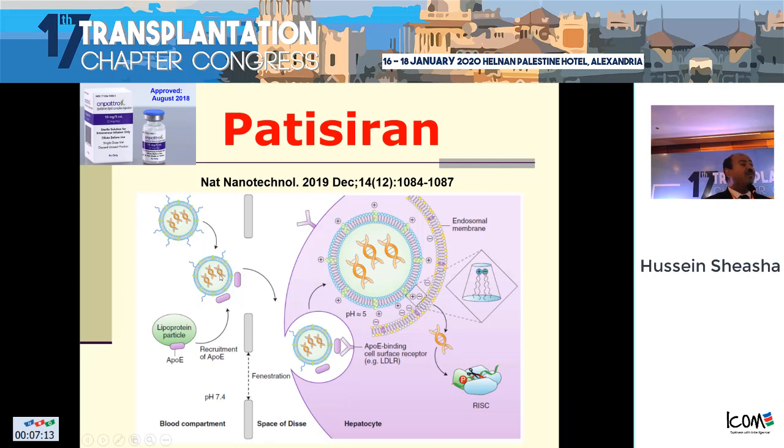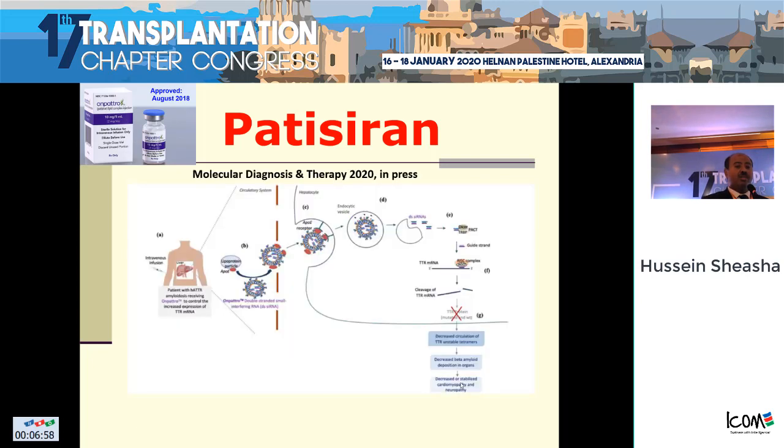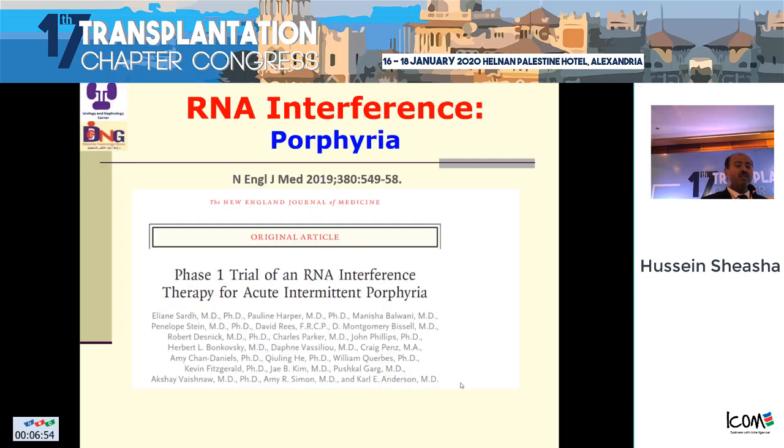So lipid bilayer is the carrier that carries this drug inside the cell, and then the double-stranded RNA is released to inhibit transthyretin and to block amyloidosis. And this is from the starting point until inhibition of amyloidosis.